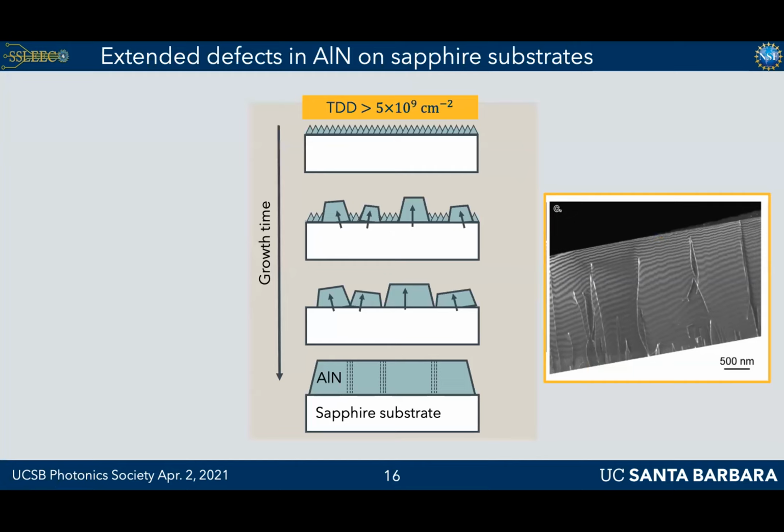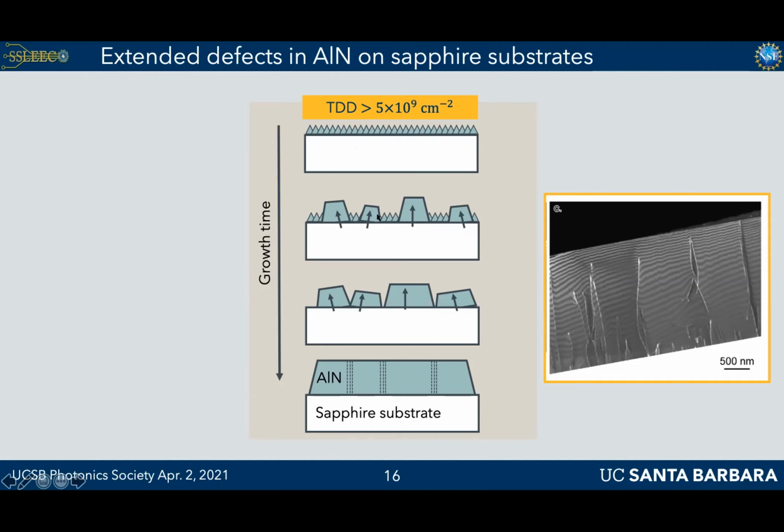When you grow nitrides on sapphire, they nucleate via an island nucleation mechanism. They do that because the sapphire is so dissimilar from the nitride that there's just no way you're going to get layer by layer growth. So you nucleate a highly disordered layer, which accommodates all of the mismatch and is full of dislocations. Then you heat up the reactor and deposit some more material, and you get larger islands.